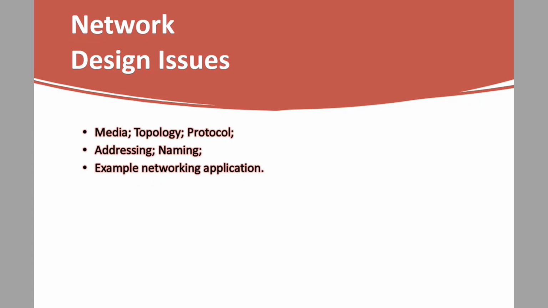Example, networking applications. So what is transmission media? Transmission media means the way you communicate. For example, you communicate through Ethernet cable, or wireless communication. That is called transmission media. You transmit your voice.